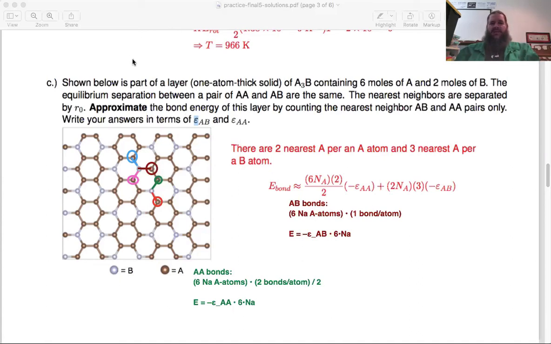But separately, let's look at this from the perspective of the B atoms. Let's say the AB bonds from the B perspective, as opposed to what we were doing before, which was from A's perspective. Let's say we consider a single type B atom.